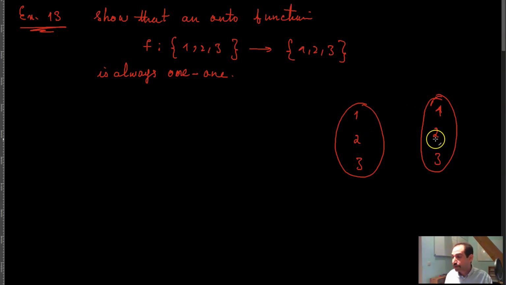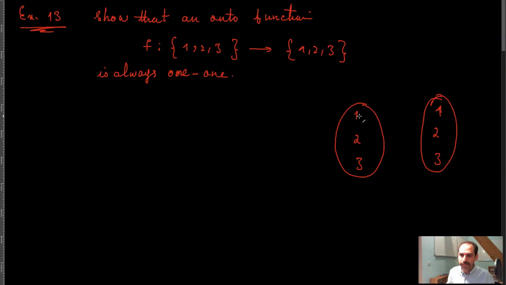An onto function is a function in which every element of the codomain is an image of some element of the domain, right?